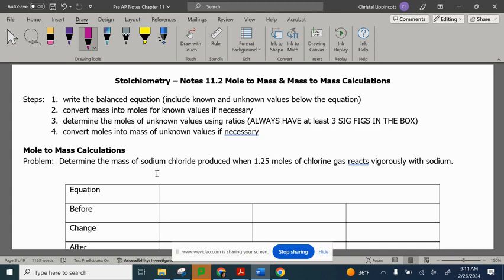Okay, so we are determining the mass of sodium chloride produced when we take chlorine gas and react it with sodium. So I'm going to take sodium here. I'm going to take my chlorine here, and I'm going to make sodium chloride.